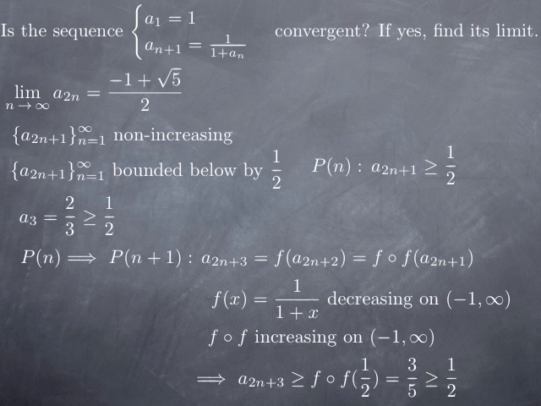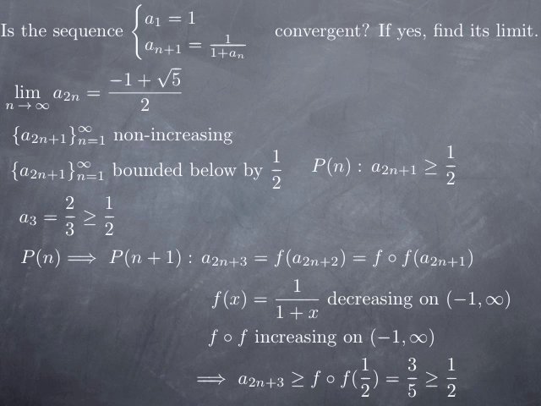and that means that applying this f composed with f to the inequality a2n plus 1 greater or equal to 1/2, you're plugging the two sides of an inequality inside an increasing function, so that's going to preserve the inequality.